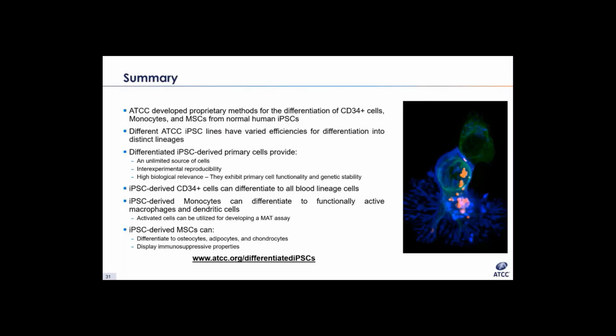Okay. Let's see. Let's move on to the question: what dissociation reagent is recommended for passaging the mesenchymal stem cells, and is any special medium used? So for this, we used trypsin EDTA for primary cells.